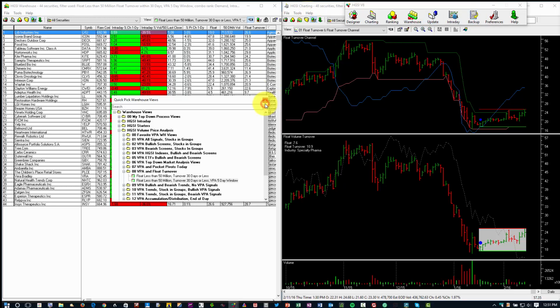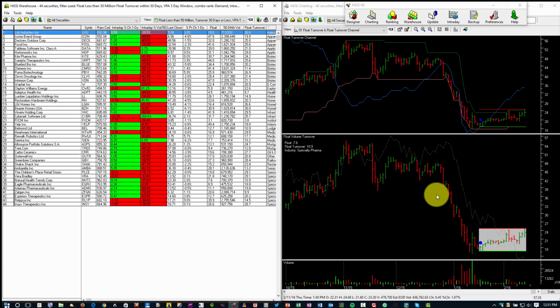First, I want to point out some changes that I've made. I have added a group line, which I think is very important when we're looking at any stock to see what the group is doing. I have also eliminated some text over here. I moved it over here, and I also put the industry group name in.